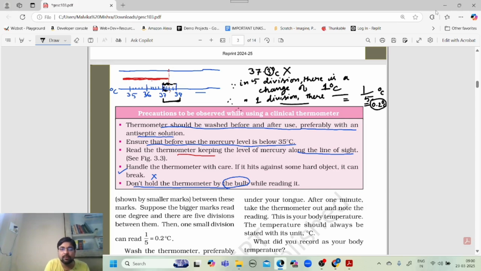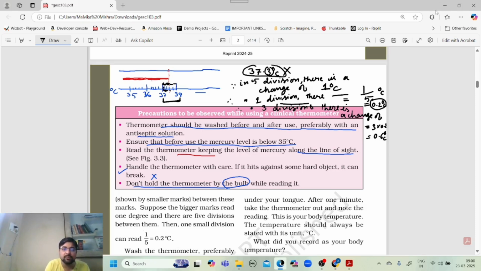So in 3 divisions there is a change of 3 into 0.2, that is 0.6 degrees Celsius. Now we will add 0.6 degrees.